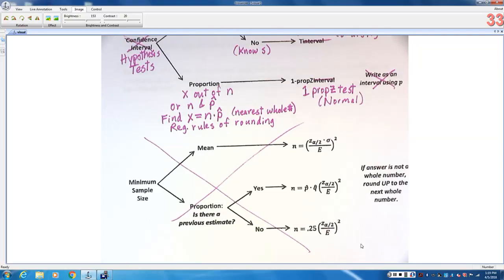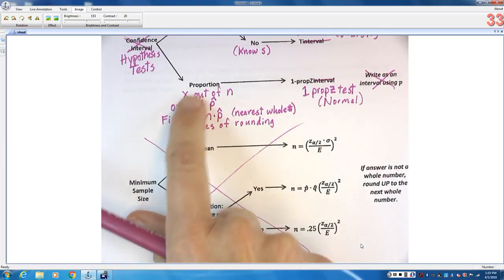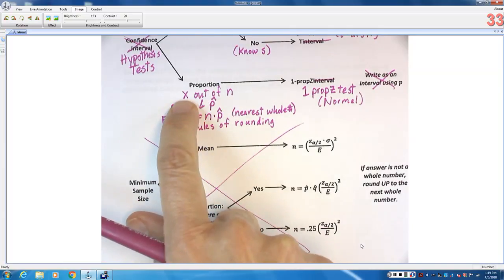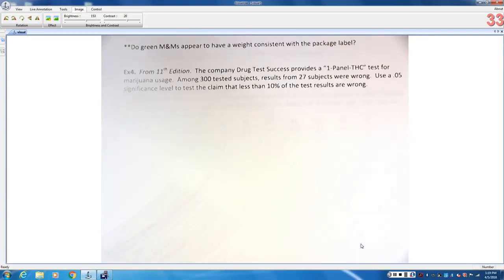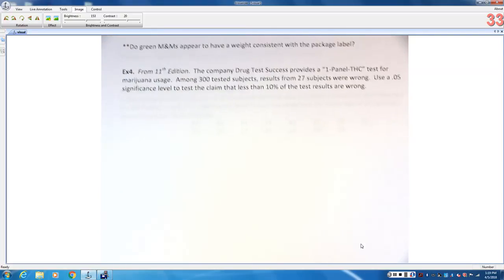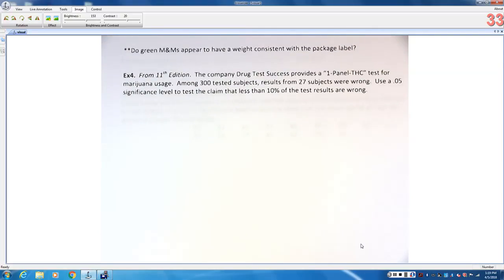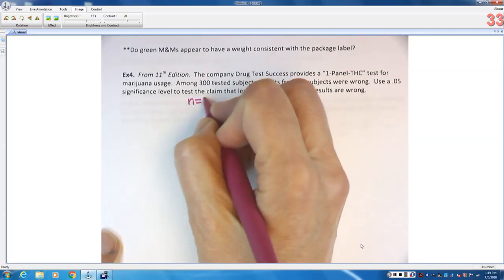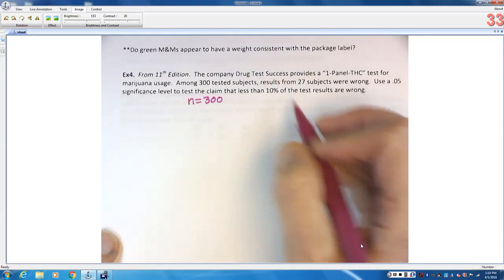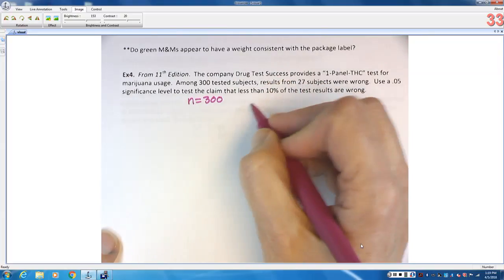All right, so if it's a proportion, we're either given x out of n or n and p hat. So let's look at this one. What do you think the 300 is? N, right? The bigger number is going to be n. Results from 27 subjects were wrong.